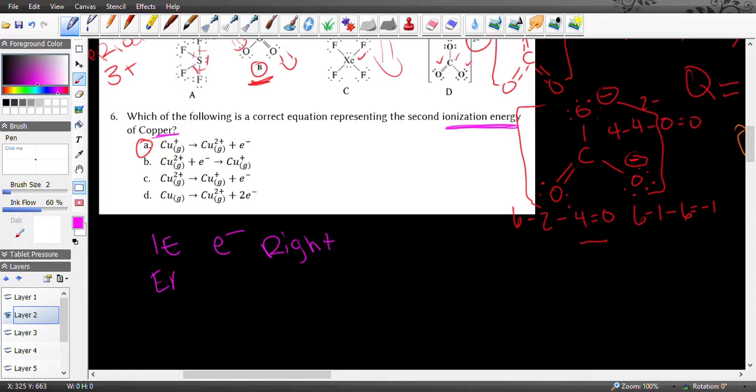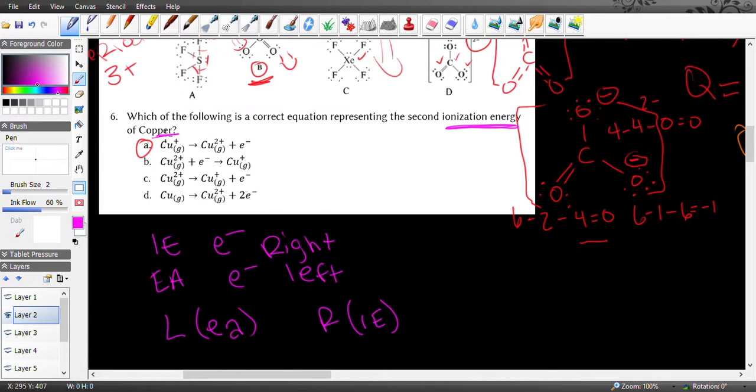For EA, or electron affinity, the electron is going to be on the left. I remember it like this. For the left, we have electron affinity, so you have LE, and for the right, we have ionization energy, RI. That's how I remember it.